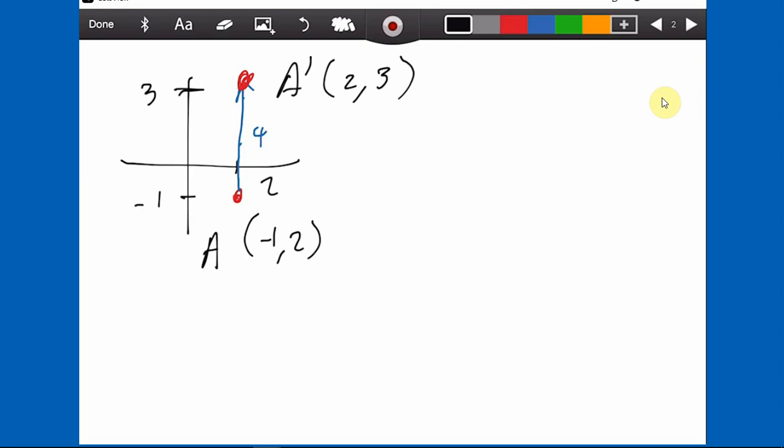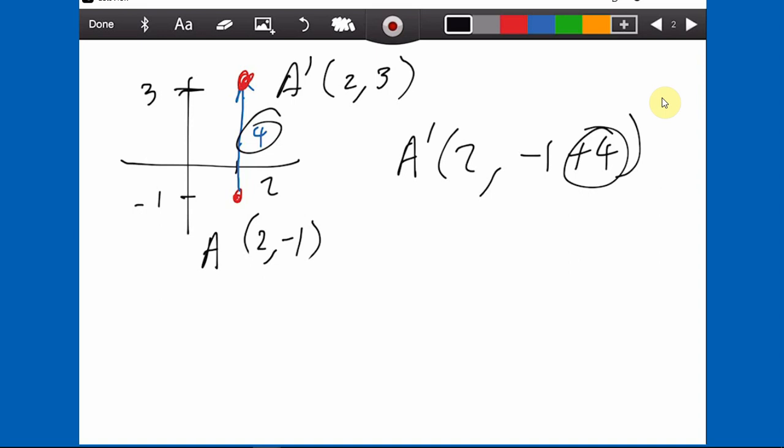Oops, where did I get that -1 and 2 from? It's the other way around, isn't it? Let's get rid of those. Let's put it around the right way: 2 and -1. All right, so you notice here that our image is the 2, and it's -1 plus 4. And 4 was my translation that I did from there.